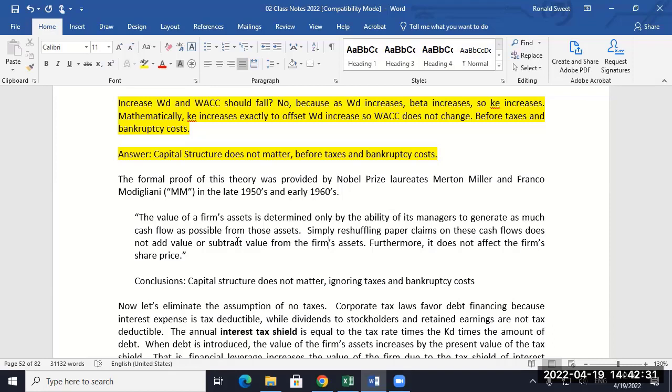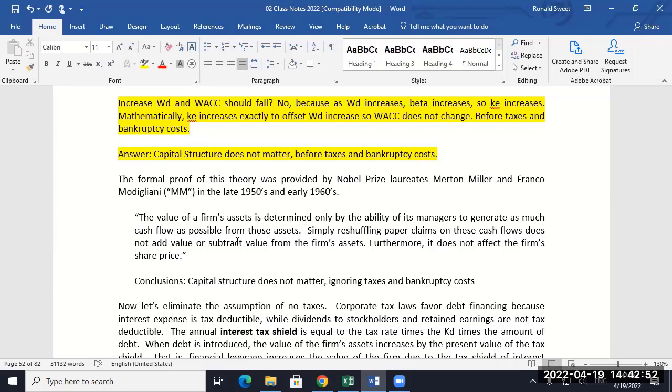So if corporations pay tax, interest expense is tax deductible. So if interest expense is tax deductible, what corporations are saying is, hey, if we borrow money, a portion of our cost of capital is going to be paid for by the U.S. taxpayer because we get a tax deduction for interest expense. So you're going to have to work that into your answer as well.